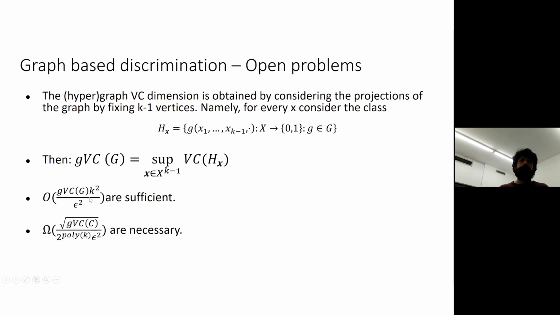But in terms of the dependence on the size k of the subset, the upper bound is k squared, and our lower bound is exponential, so inverse exponential in something polynomial. Okay, k to the cube, I don't remember. I'm not even sure that the polynomial we provide in the proof is tight.